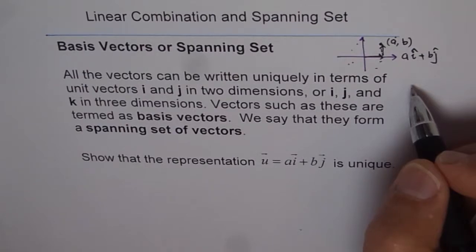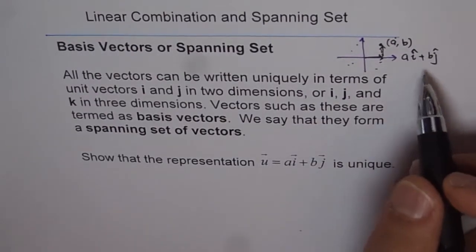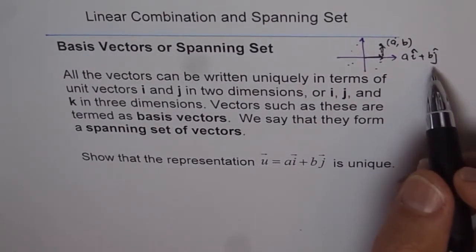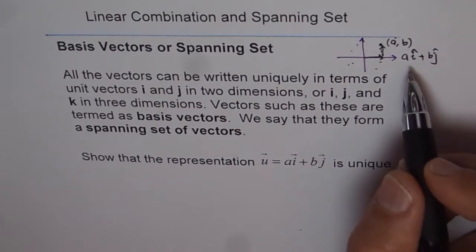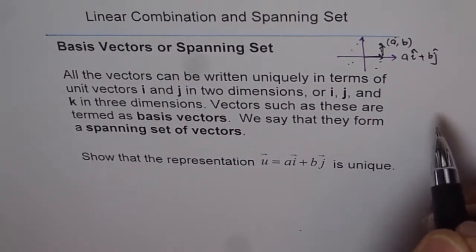So any vector in R3 can be written as a linear combination of i, j and k vectors. Another way of saying the same thing is that i and j are basis vectors for R2 and i, j, k are basis vectors for R3.